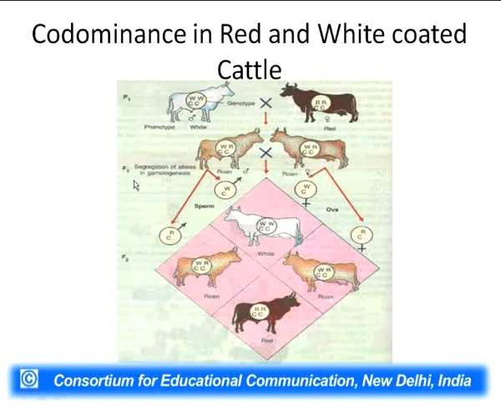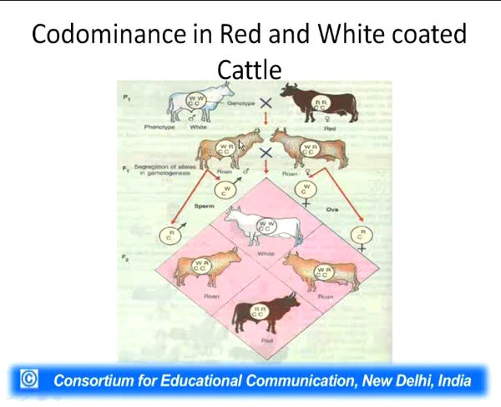So, if we were to cross a white cattle which is denoted by CW CW, homozygous, to CR CR, which is a reddish cattle, then we would find that a roan would be produced.